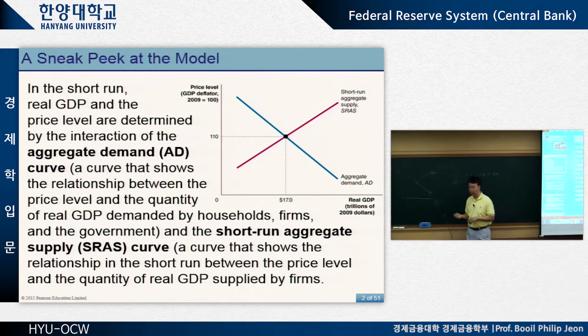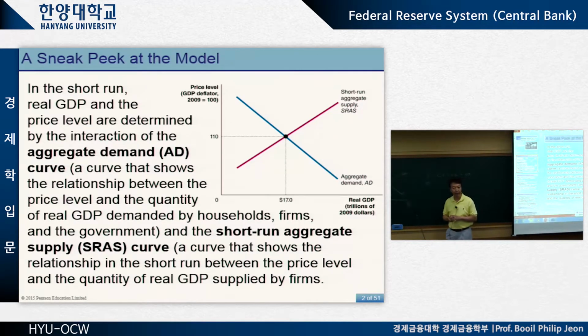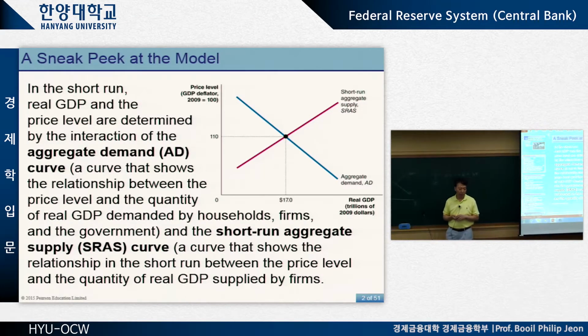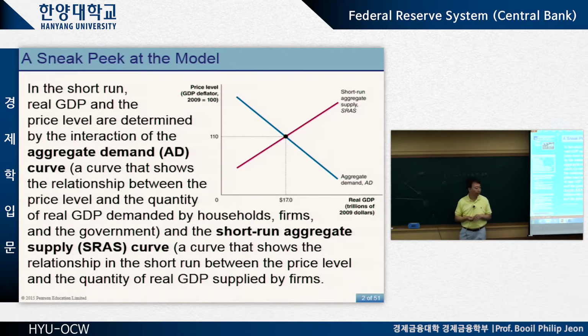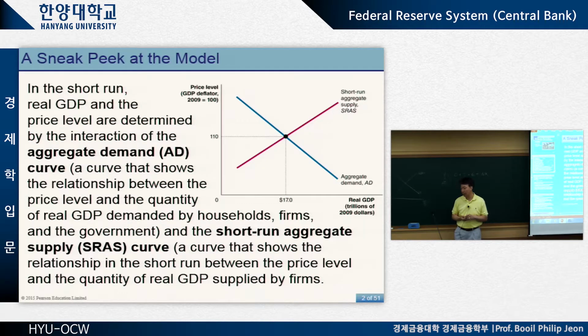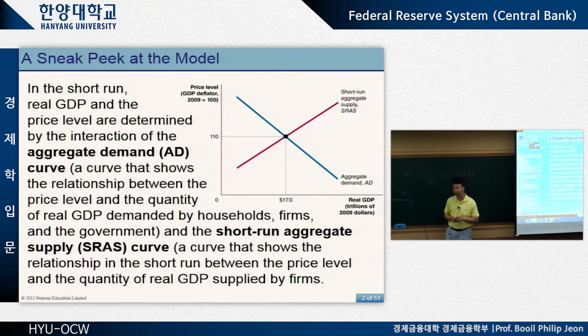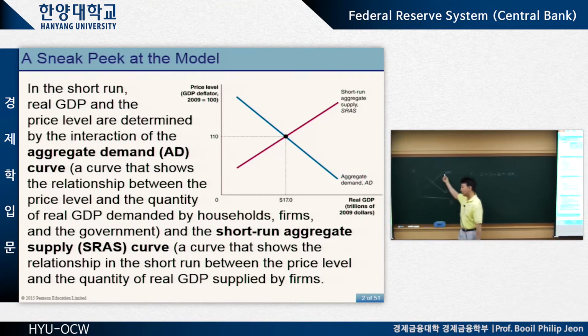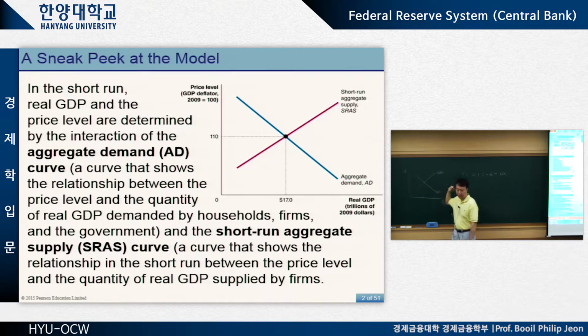There is no difference between the short run and long run. But as far as supply goes, we have short run aggregate supply, which is upward sloping. We'll talk about it a few minutes later, but long run aggregate supply is just a vertical line. I'll explain it later, but this short run aggregate supply is upward sloping, just like a regular supply curve.